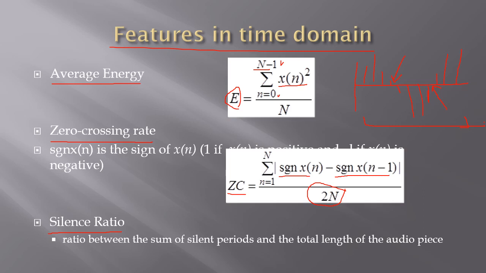For example, in this particular area, from +1, this is sgn(x(n)), and it means -1. Then sgn(x(n-1)) is +1. So it's -1 minus +1, which means -2. So you have 2 divided by 2, since one crossing will contribute 2.